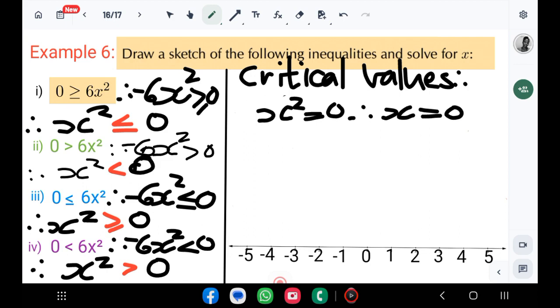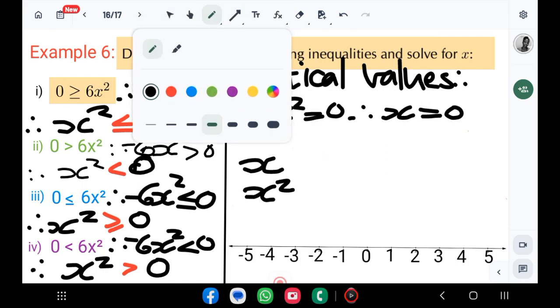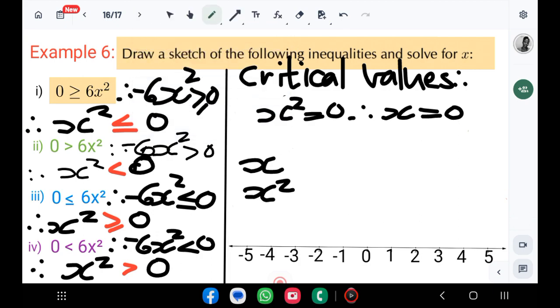That's a critical value. So you draw up a table, and the table you draw is only going to have one critical value, and the f of x is basically x squared in this case.